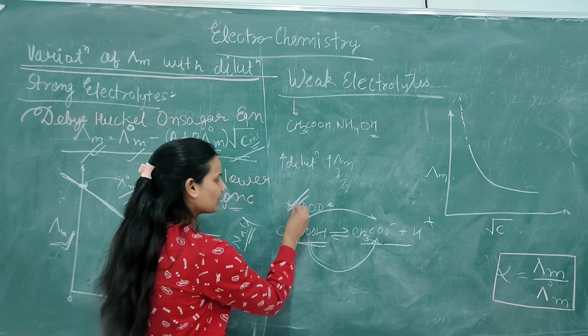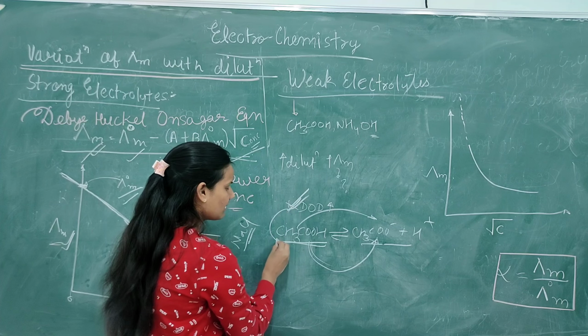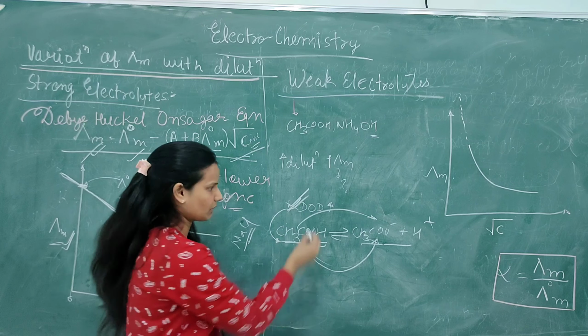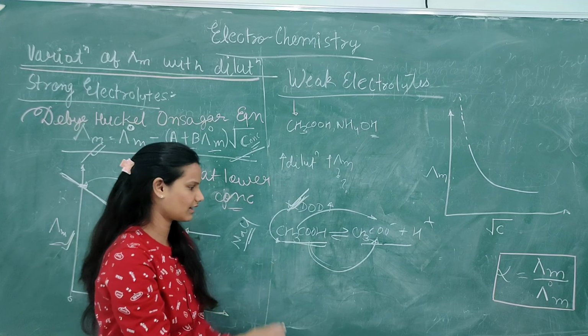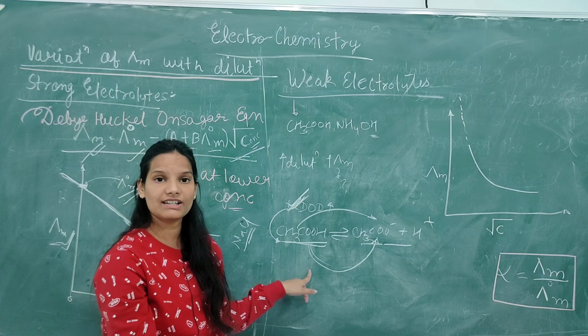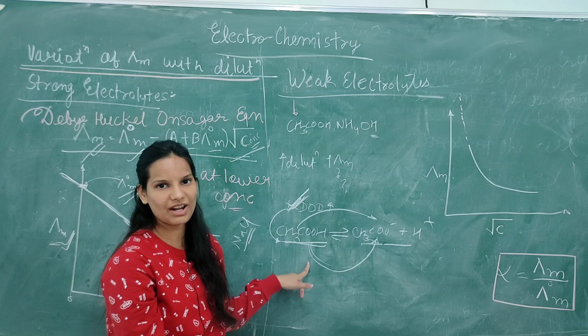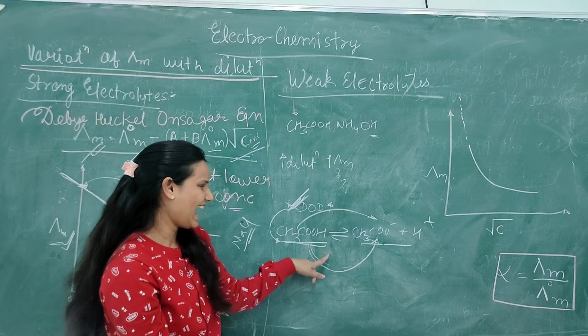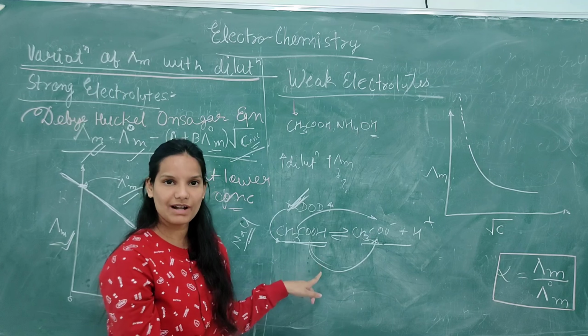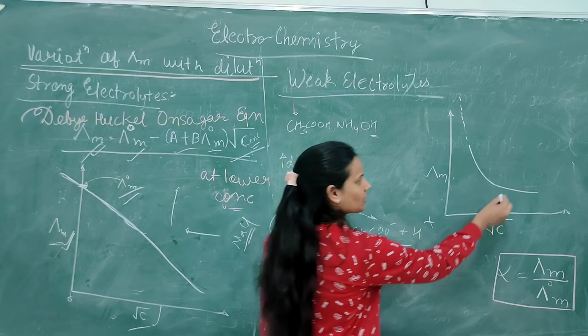And since the degree of dissociation is increasing, the ionic mobility will increase at a much higher rate, and the molar conductance will increase at a much higher rate. So you will get an exponential curve.